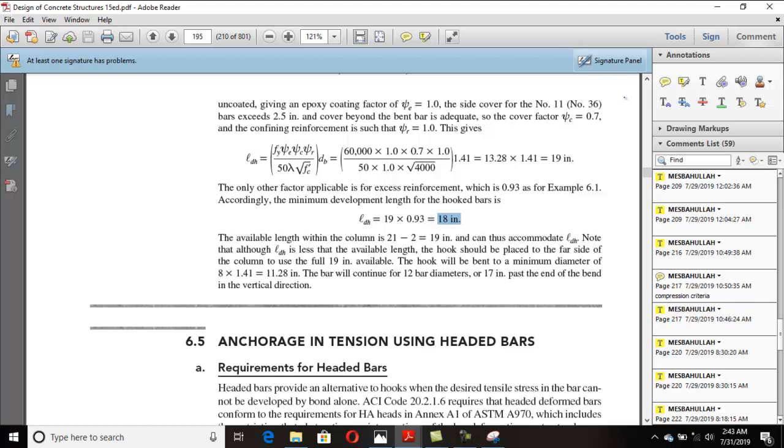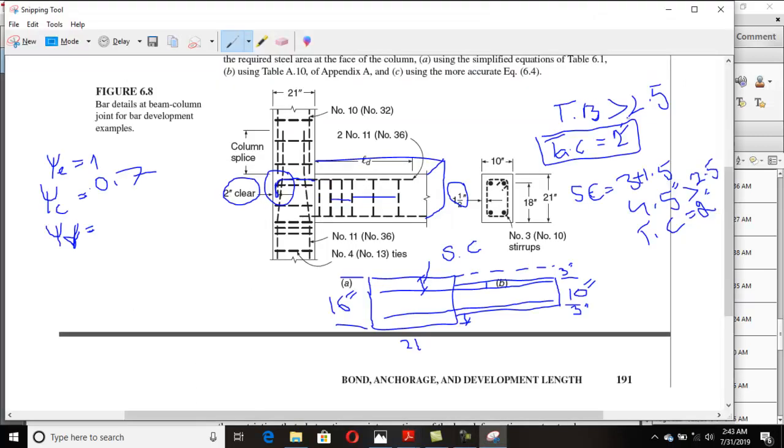Now how much distance is available to you? You need to calculate that distance, from the face of the column, from the critical section to the bend portion. If this is my critical section and this is my beam, the bar should be entered into this column for a length of 18 inch or 19 inch, and then you provide a hook.